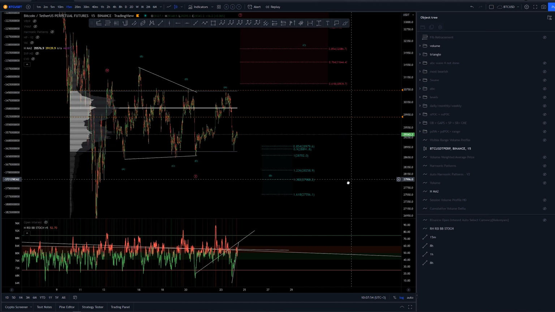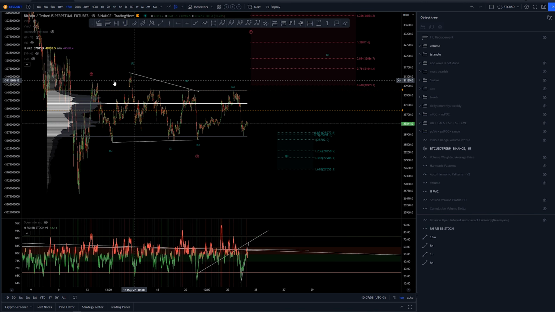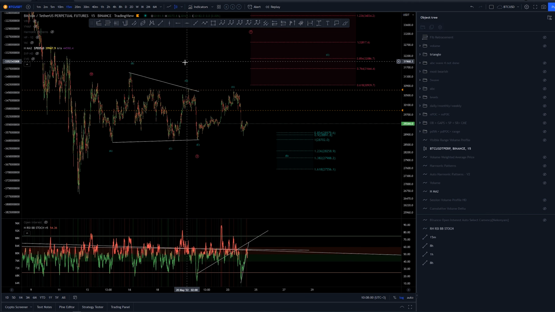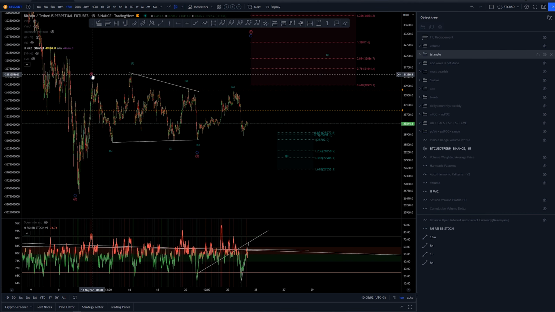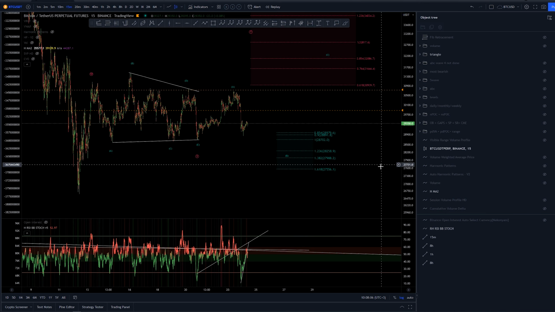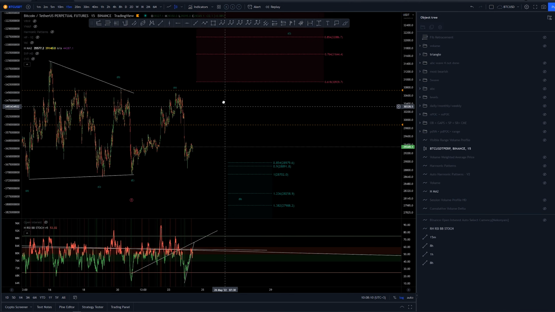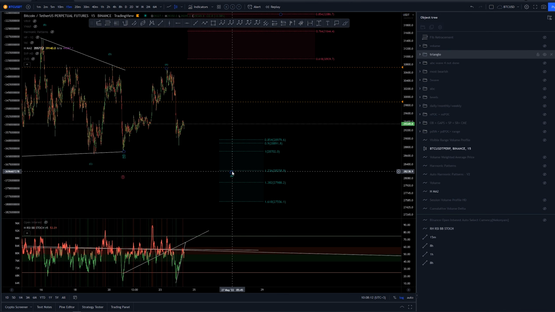Now kind of similar is this one where we had this structure here in the middle where we have the W, then triangle X, and now we would be looking for Y wave. Again, as this is looking like a 5-wave structure, we could be expecting a lower target here.